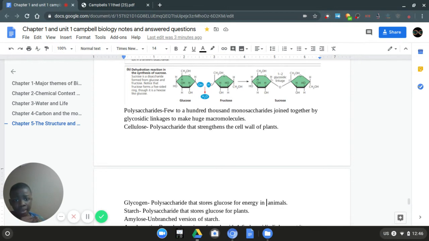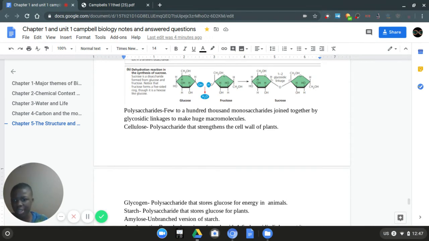Polysaccharides are essentially large macromolecules consisting of thousands to a few hundred thousand monosaccharides connected together by glycosidic linkages. Now, I'm about to talk about three or four main storage polysaccharides, but I'm only going to briefly talk about them because there are later chapters in this book, like the plant chapter about the structure of cells.